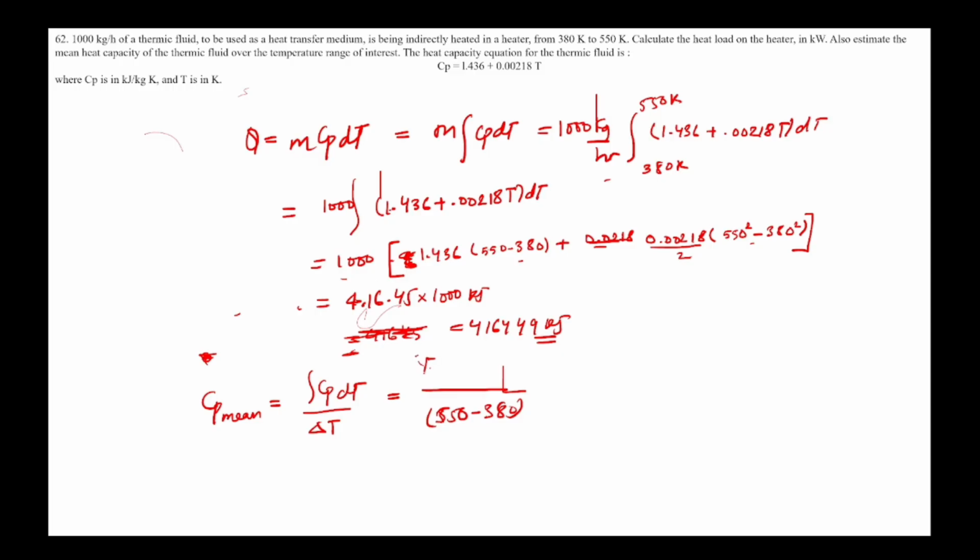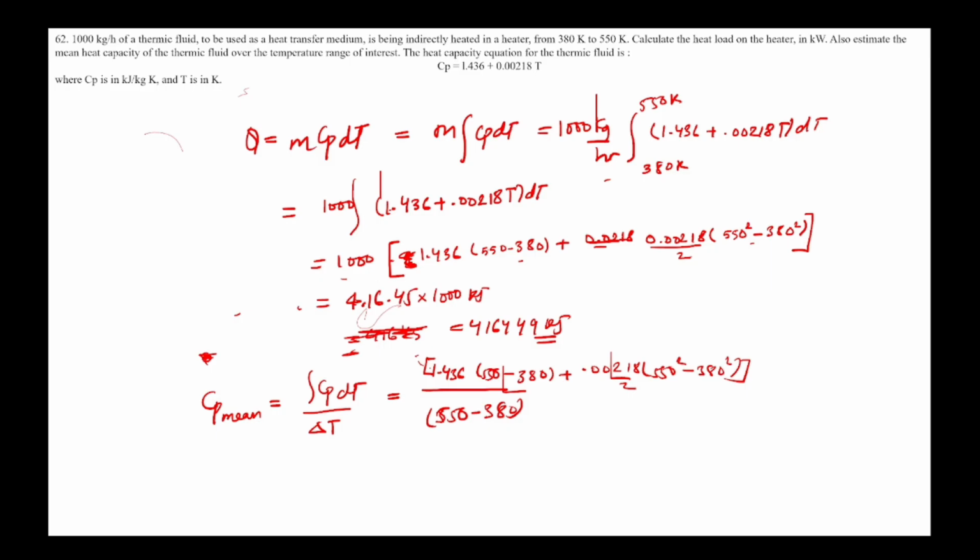This: 1.436 times (550 minus 380) plus 0.00218 by 2 times (550 square minus 380 square). Okay, this whole term. So this will give the mean heat capacity.